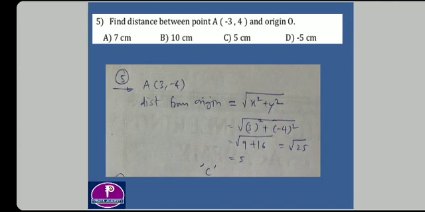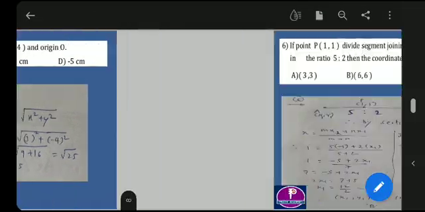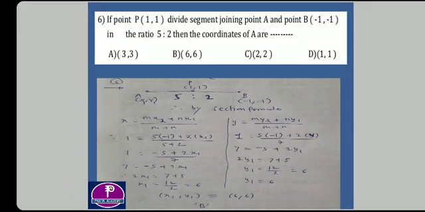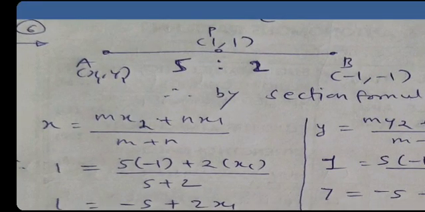Then find the distance between point A (-3, 4) and the origin. So we have the formula: distance from origin is equal to under root x square plus y square. Put the values of x and y, we get the distance as 5. So option C. Next, if point P (1, 1) divides the segment joining point A and B (-1, 1) in the ratio 5:2, find the coordinates of point A. So segment AB is divided by point P in the ratio 5:2.